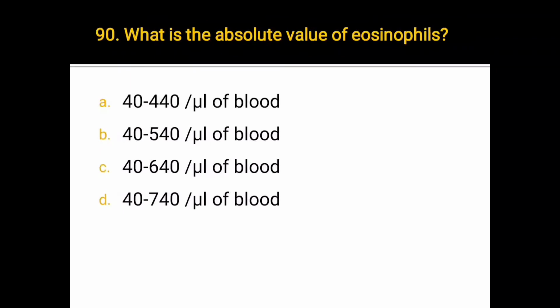A. 40 to 414 per microliter of blood, B. 40 to 540 per microliter of blood, C. 40 to 640 per microliter of blood, D. 40 to 740 per microliter of blood. Correct answer A. 40 to 440 per microliter of blood.